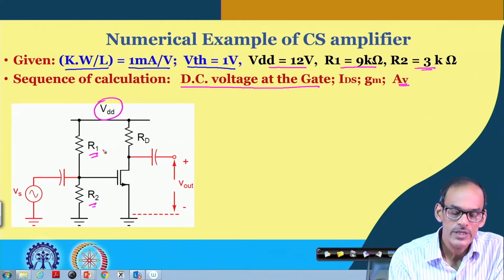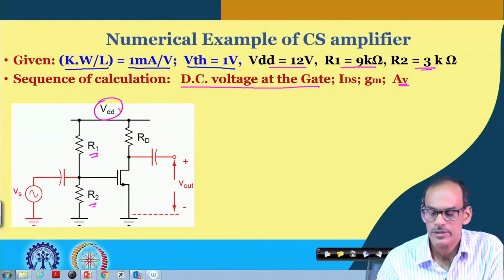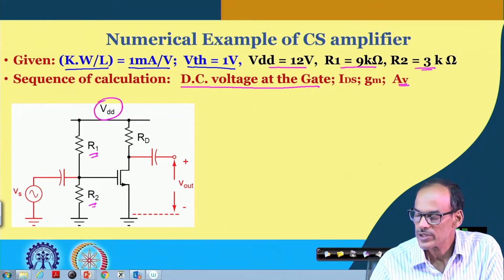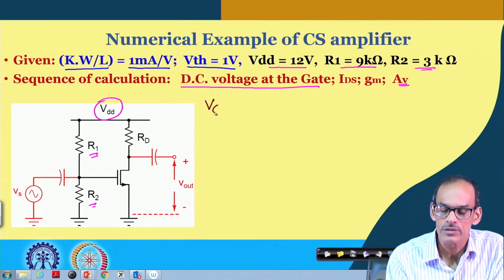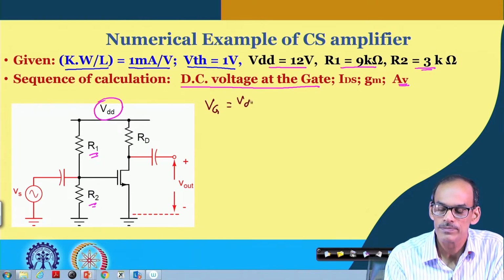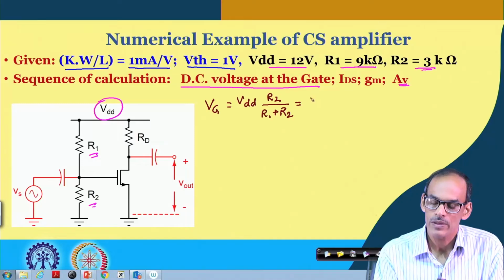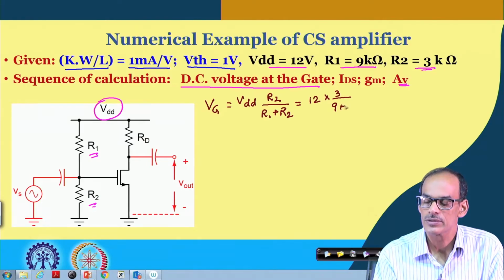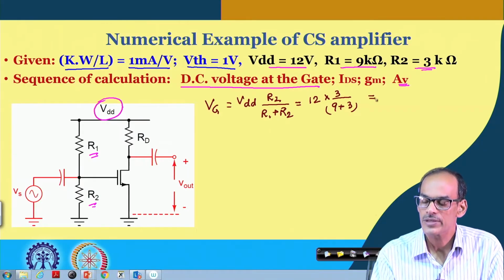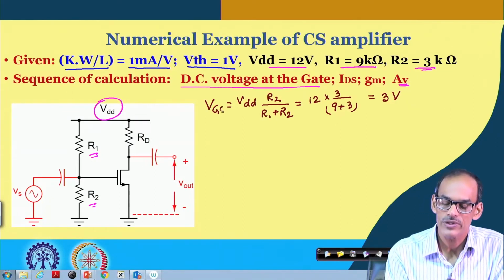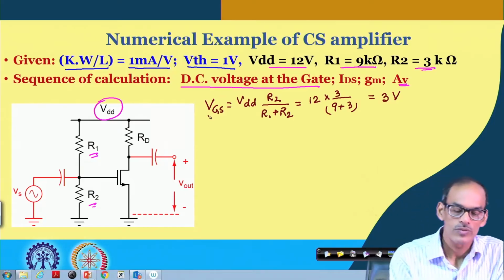Considering R1 and R2 values and VDD equals 12 volt, we get VG equals VDD into R2 divided by R1 plus R2. That gives us 12 into 3 divided by 9 plus 3, which is 3 volt. In fact, this is the same as VGS. So, VGS is equal to 3 volt here.